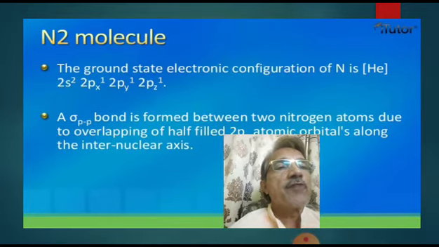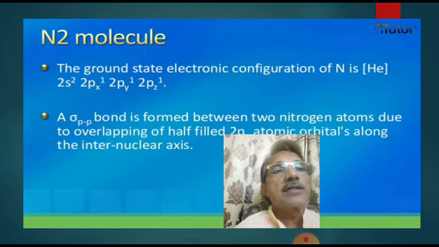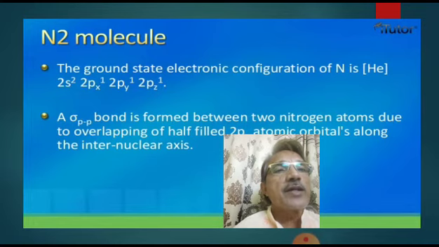N2 molecule, formation of N2 molecule. The ground state electronic configuration of nitrogen is helium 2s2 2p3, that is helium 2s2 2px1 2py1 2pz1. A sigma pp bond is formed between two nitrogen atoms due to overlapping of half-filled 2p atomic orbitals along the internuclear axis.